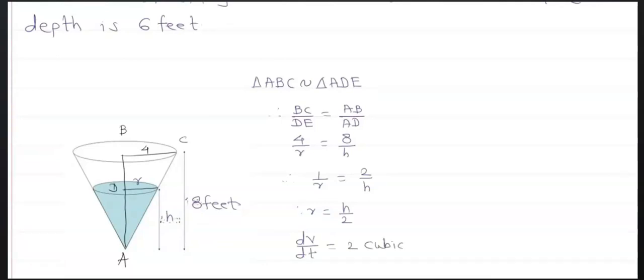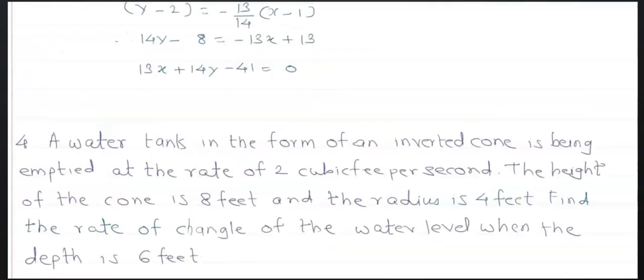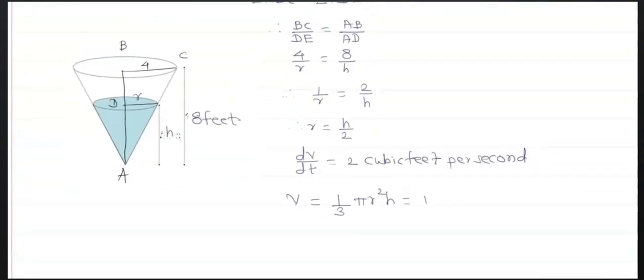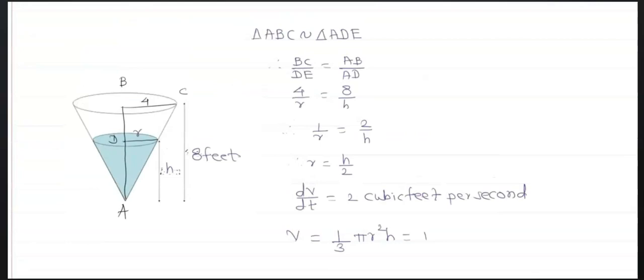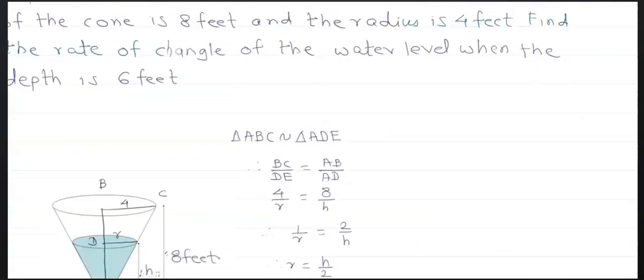Now we are given that the water is emptied at the rate of 2 cubic feet per second, and we want to find out at what rate, that is, the rate of change of its depth. That is, we want to find out dh upon dt.